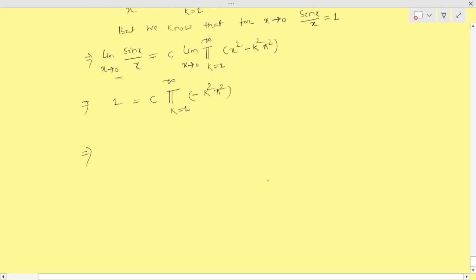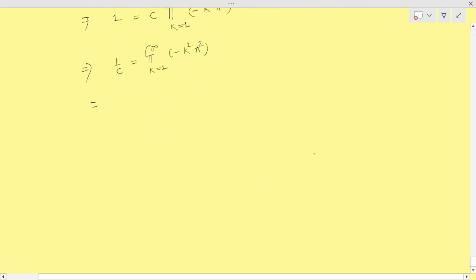That implies 1 by c will be equal to product k equal to 1 to infinity of minus k square pi square. That implies c is the product k equal to 1 to infinity of minus 1 by k square pi square. So here we found the c value, right?